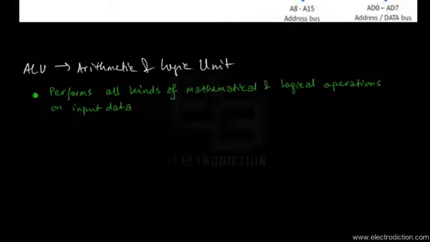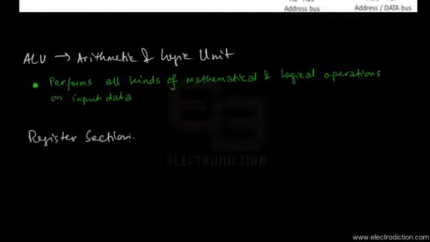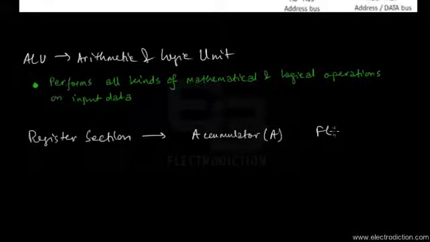The registers we mainly discussed in the previous tutorial include register A, that's the accumulator, and then the flag register, also known as register F.